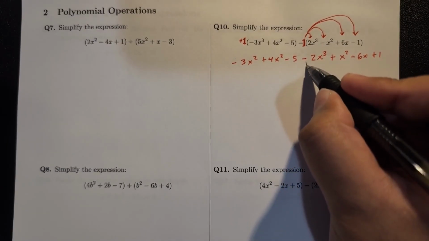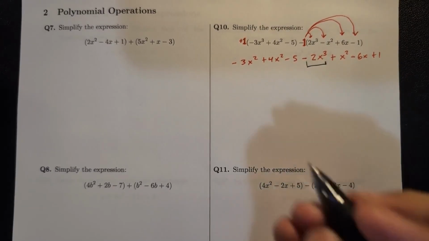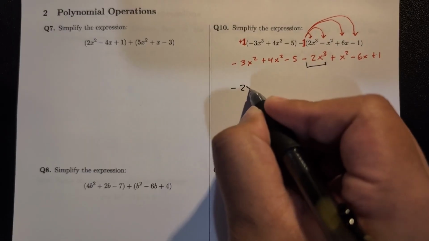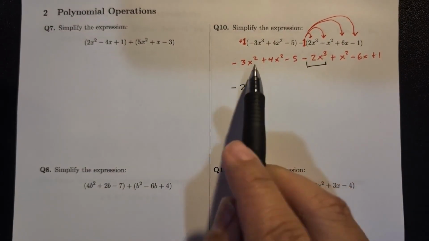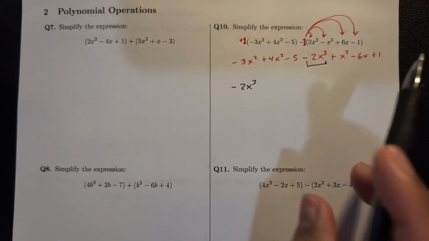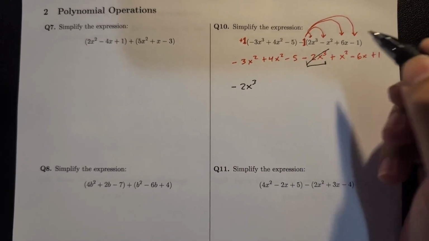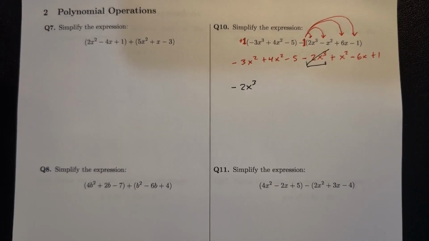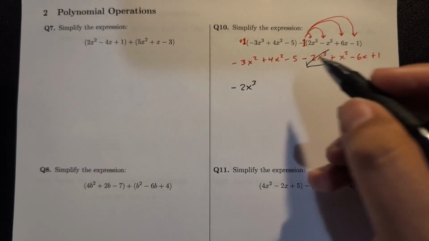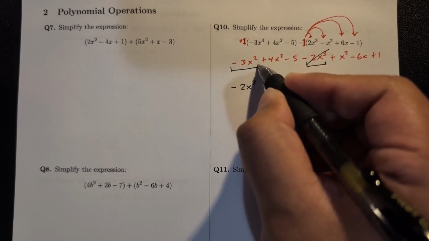Starting off with the highest exponent, I have negative 2x to the third. I cannot combine it with anything else. Okay, now let's cross that off. Now we're going to do x to the third. I have negative 3.